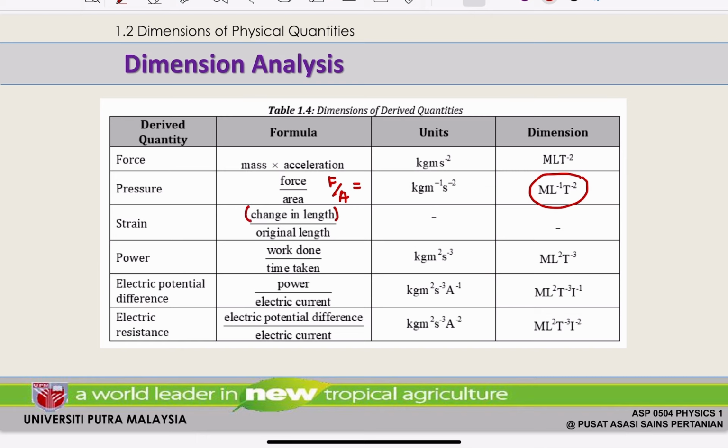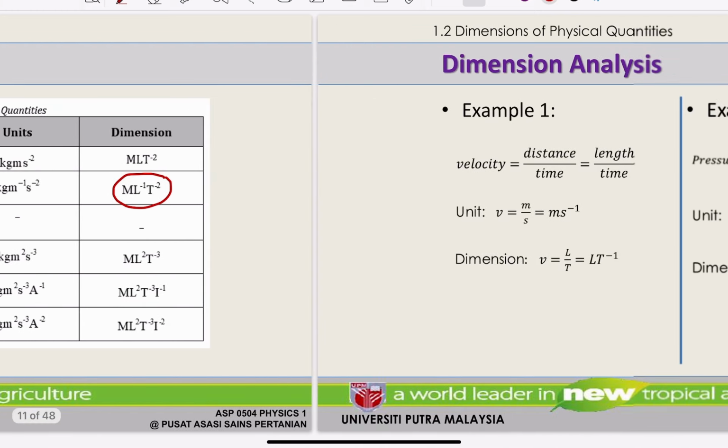Change of length, dia punya equation adalah delta L bahagi dengan L. Delta L tu length final minus length initial. So when we find the dimension, it is L bahagi dengan L. So it doesn't have dimension and doesn't have unit.